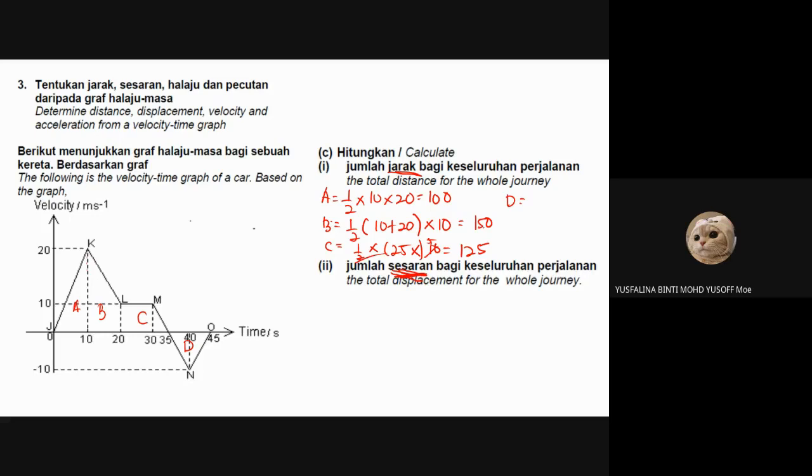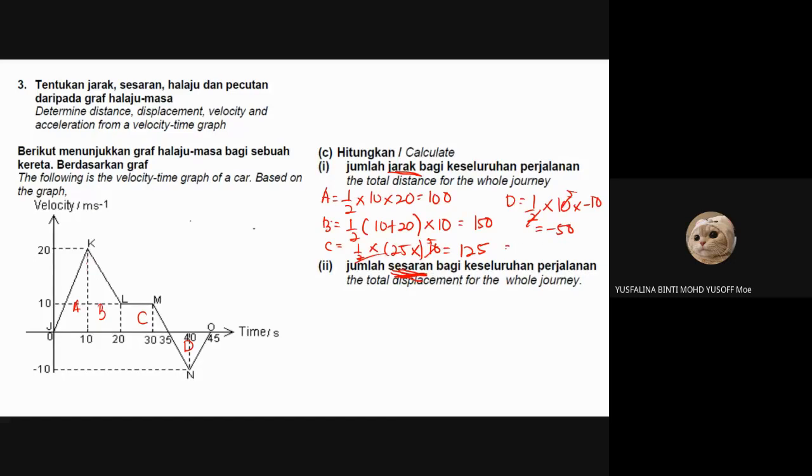The answer is because distance is a scalar, so we ignore the direction. For those who answered that distance is a scalar, distance has no direction, that's a good answer. So D is half multiplied by 10 and also negative 10 here, so you will get negative 50.